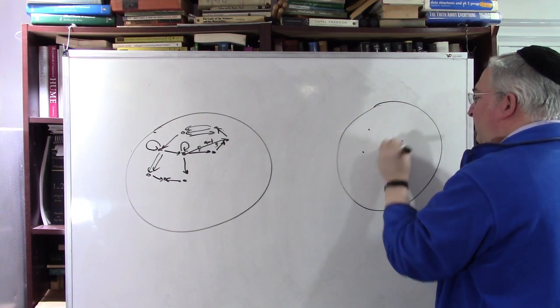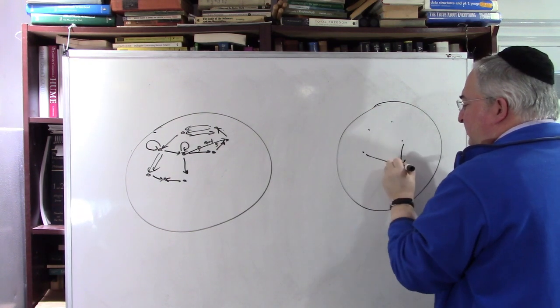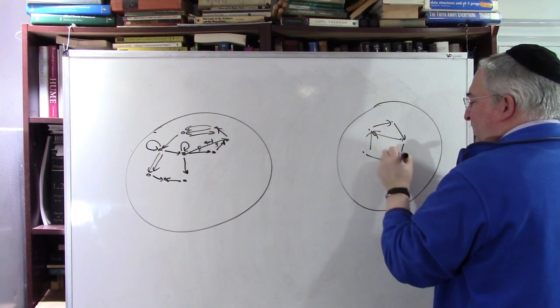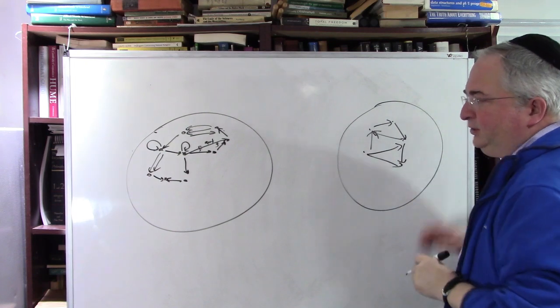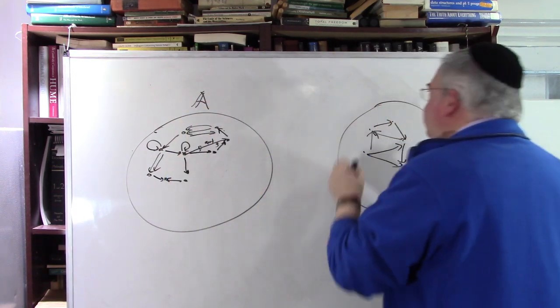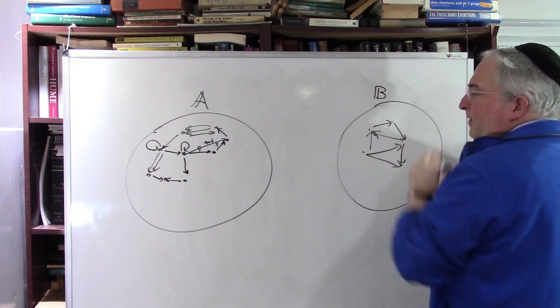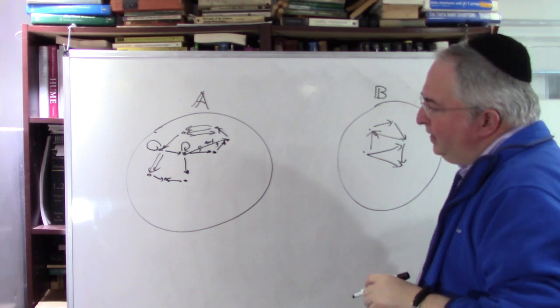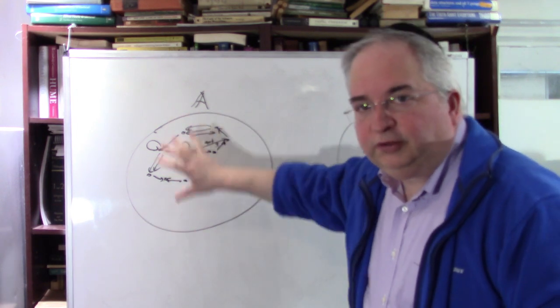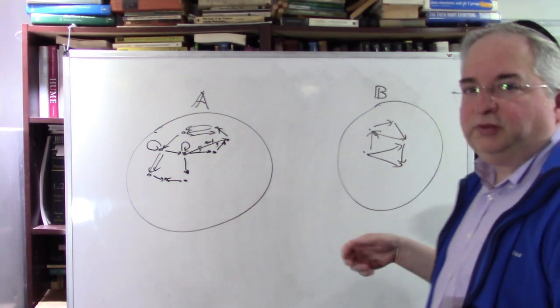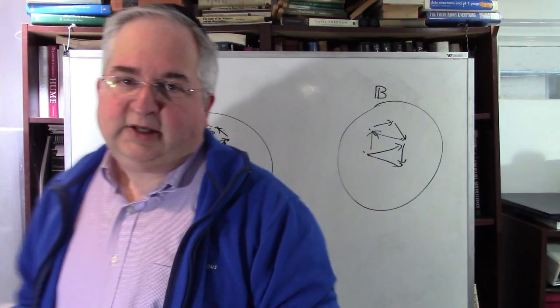This other category also has maps between things and composition of maps, et cetera. You might call this category A, and we might call this category B. Now, this category is a whole world unto itself, and it has structure, and we have to talk about it. And this category is a whole world unto itself, and it has structure, et cetera, et cetera.